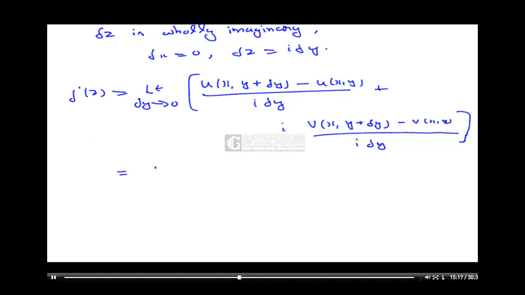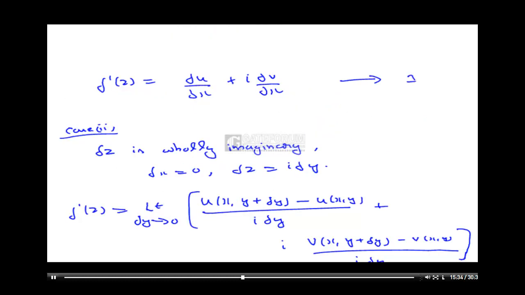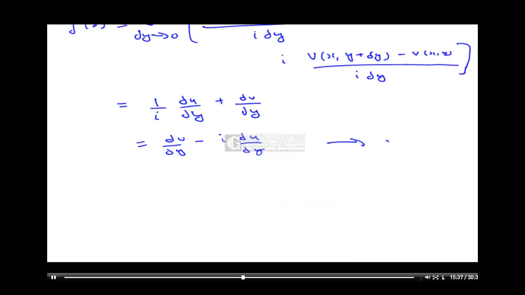This is equal to 1 by i del u by del y plus del v by del y. So I can write here del v by del y minus i times del u by del y. Let the top one be equation number 1. Let this be equation number 2.